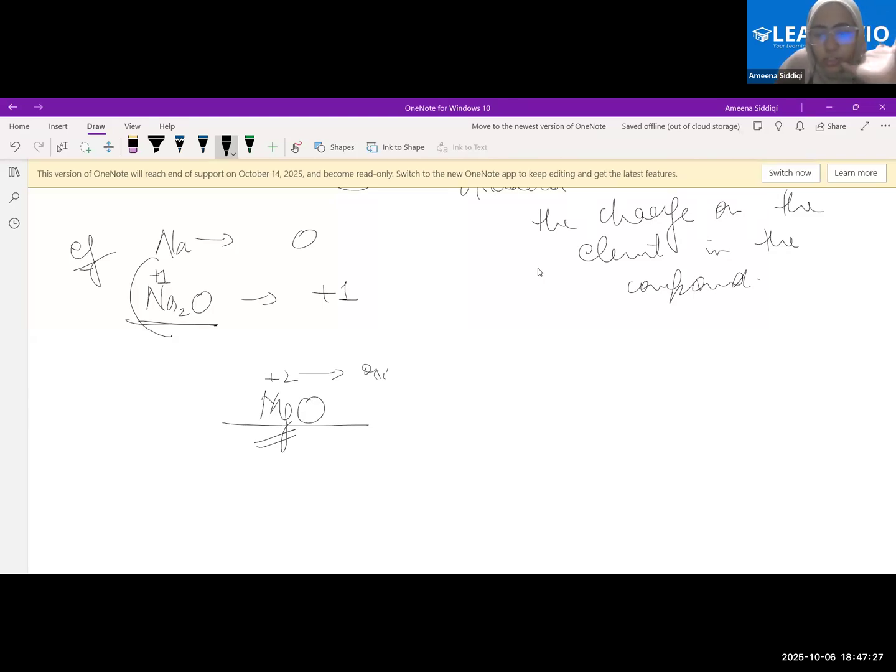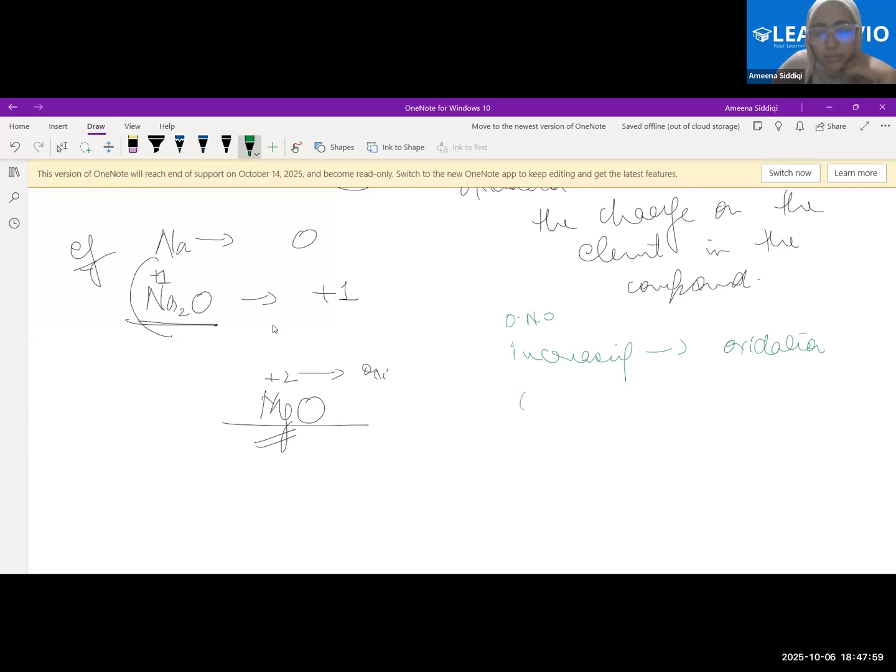And if I say the oxidation number is increasing, can I say the number of electrons lost is increasing? Because the more the positive charge, the more the number of electrons lost. So if the oxidation number is increasing, can I say it is oxidation?